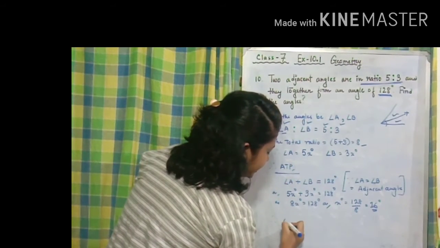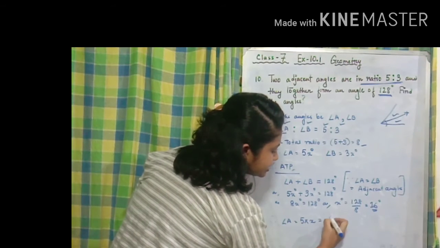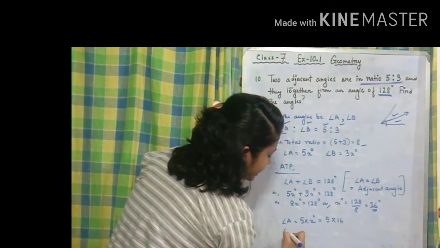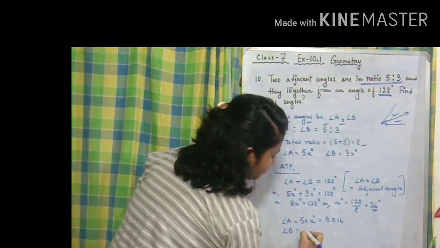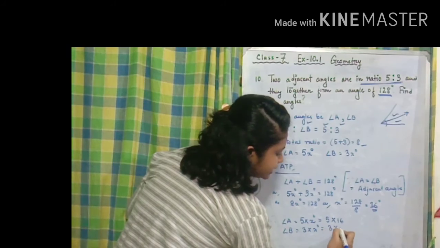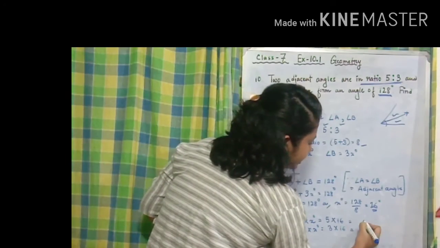Therefore, angle A is equal to 5x, or 5 into x. That means, so here 5 into 16, and angle B will be 3 into x. So 3 into 16. So eventually we have to find that.